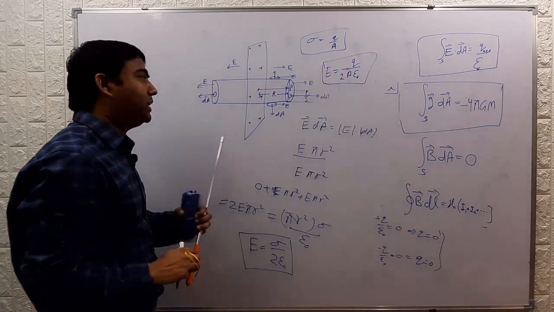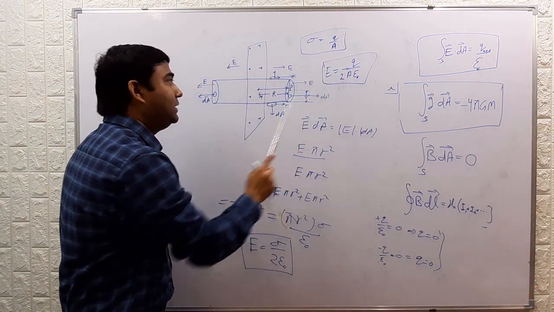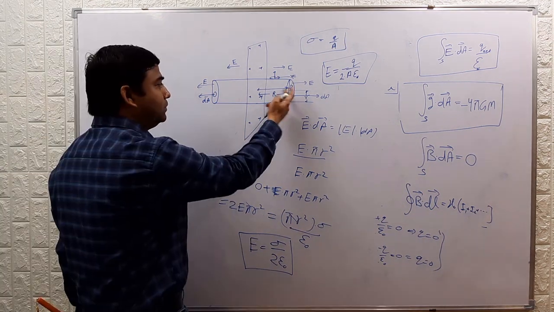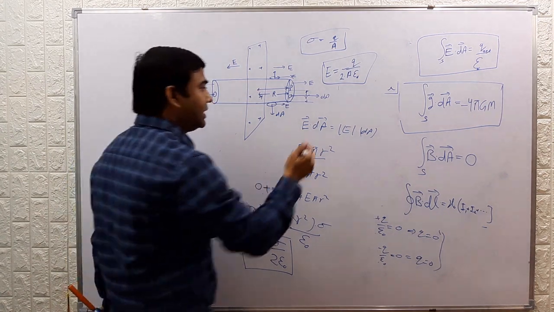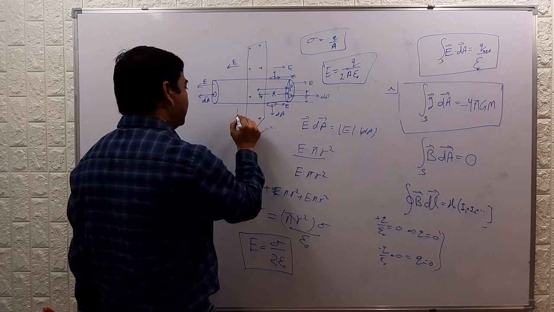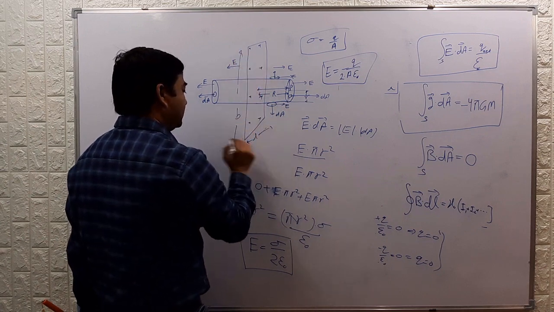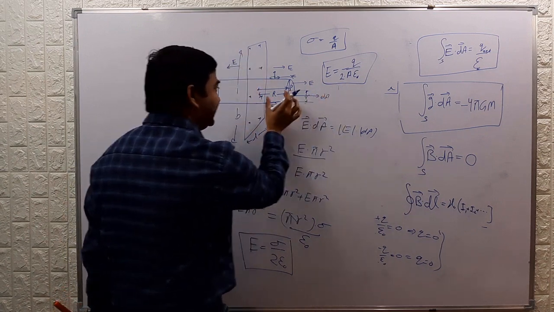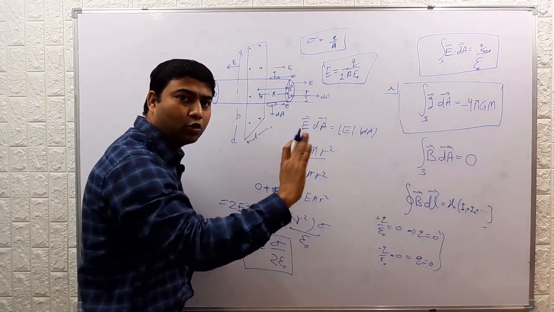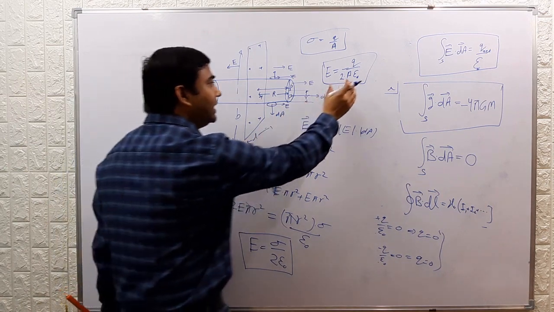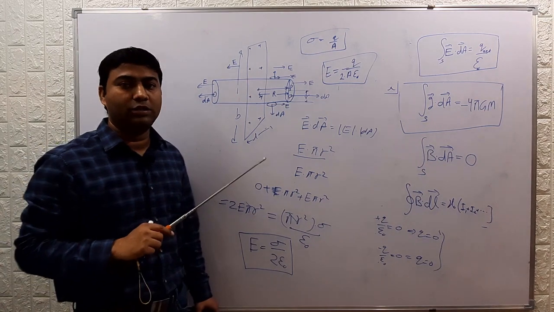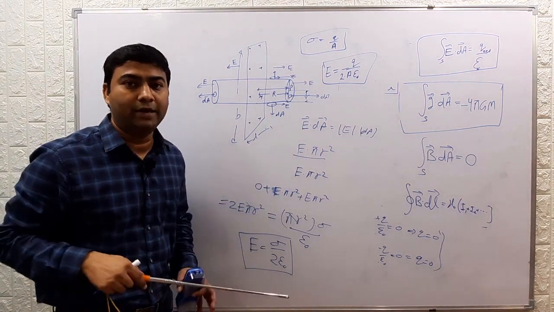But this expression is only valid when point P is very close to the sheet. Hence, if the length and width of the sheet are given, the distance of point P should be very small. It should be very close to the sheet. Only then can you use this formula, because this formula is for an infinitely long sheet, a sheet having infinite area.